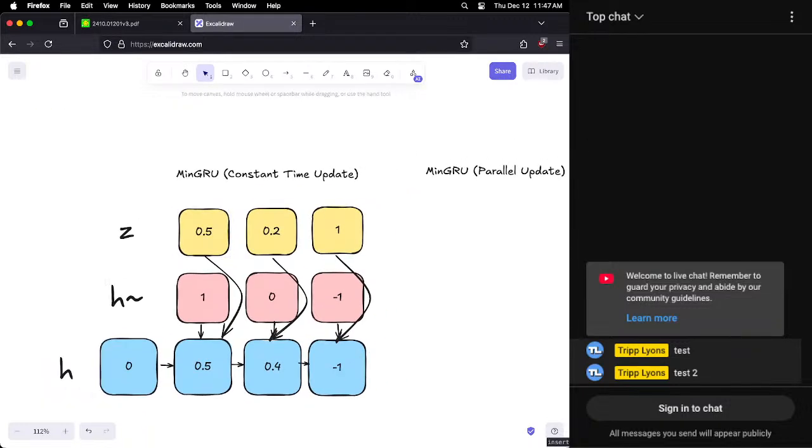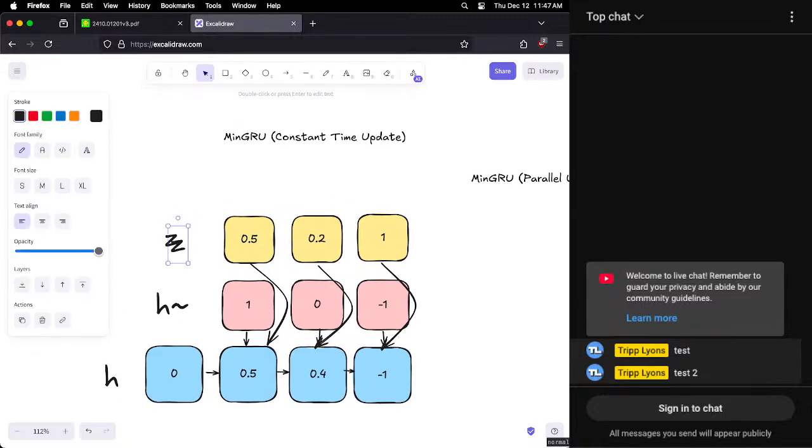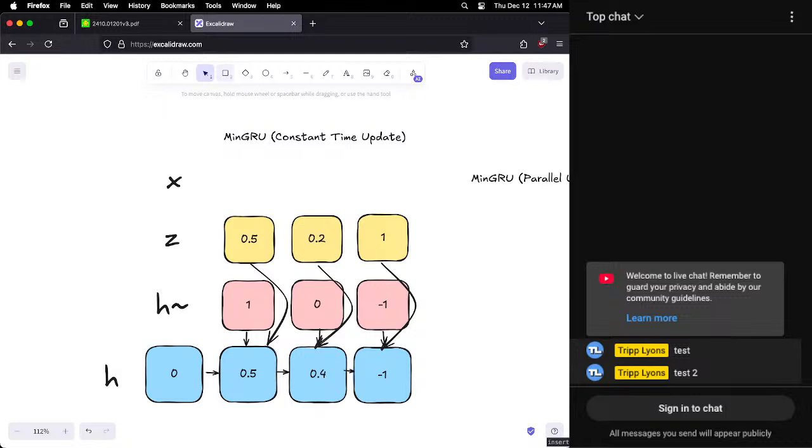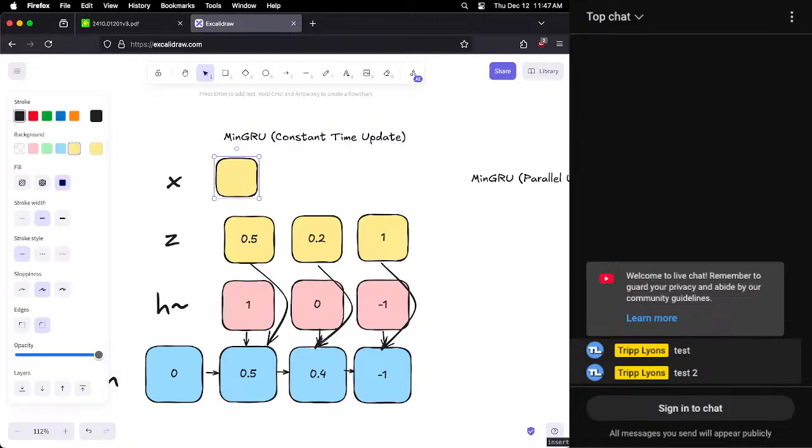Here, Z is just a function of X, which means that it does not depend on H.